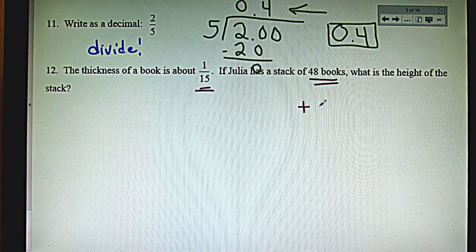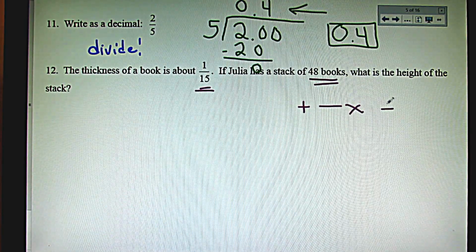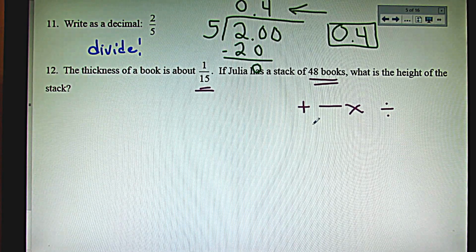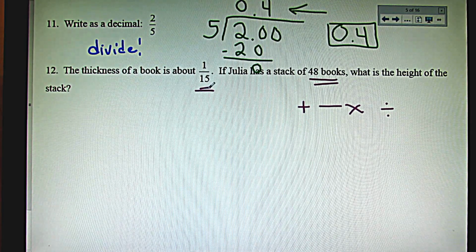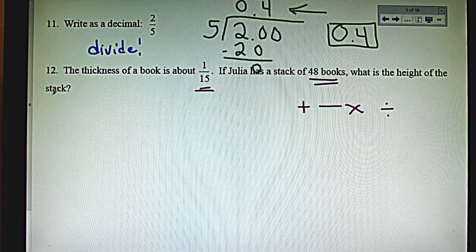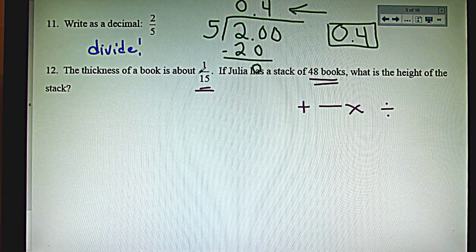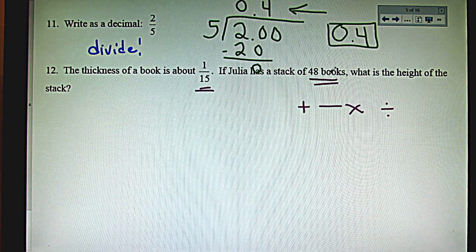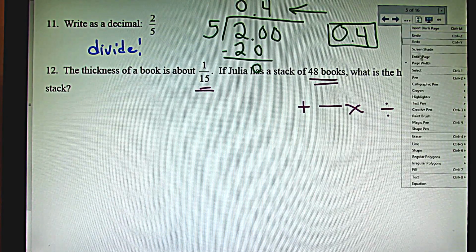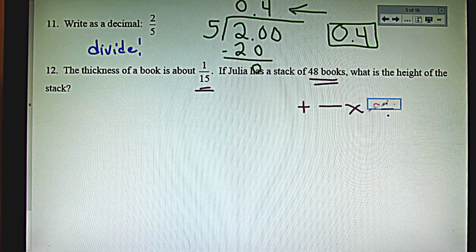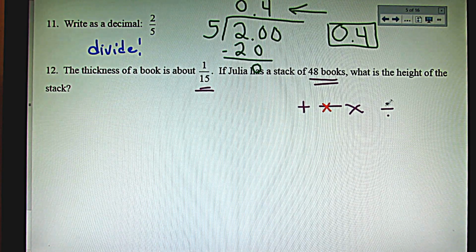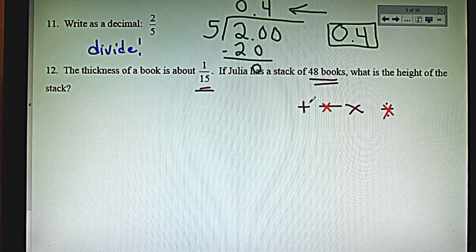We have adding, subtracting, multiplying, and dividing. Is the height of my stack going to be more than 1/15? Well, I have 48 books, so yeah. Makes sense, right? So I'm not going to be using subtraction. I'm not going to be using division. I want my number to be bigger.